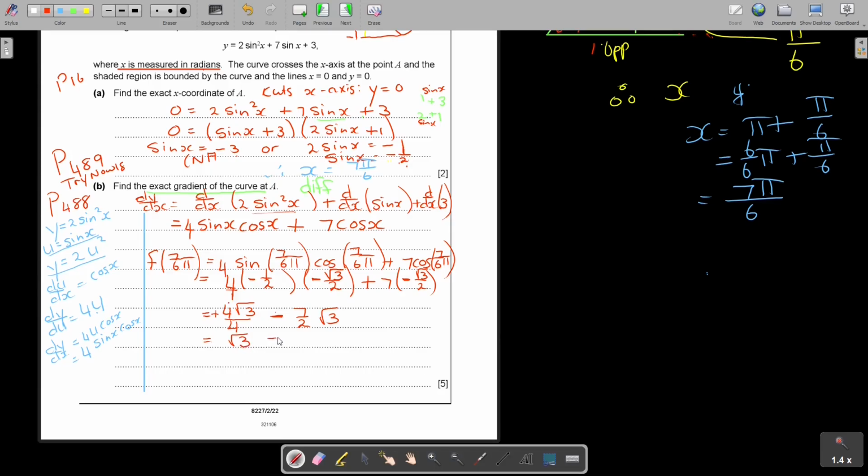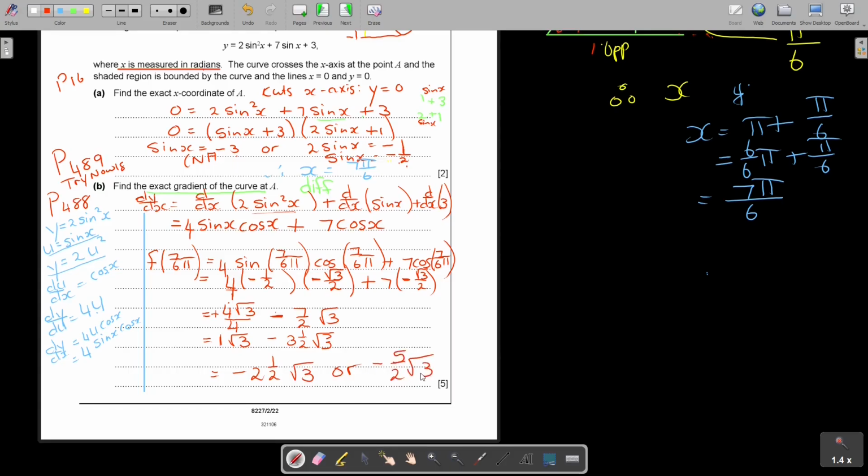Okay, what is this going to be? It's 3.5, 3.5 square root 3. Did you see? So it's 1 minus 3.5. So what is it going to be? It's negative 2.5 square root 3, or if you want, you can say negative 5 over 2 square root 3.